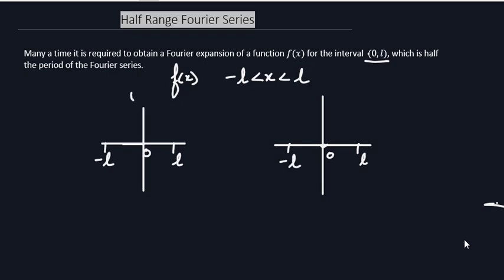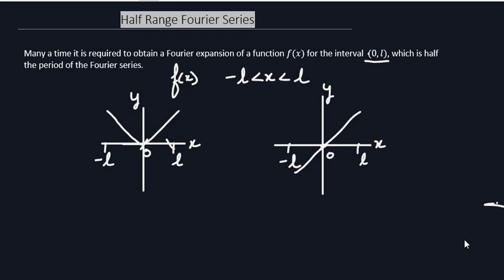If this is our y-axis and this is our x-axis, again here y-axis and this is our x-axis, we can extend the function f of x outside the interval 0 to L in such a way that either it is symmetrical about the y-axis or it is symmetrical about the origin.